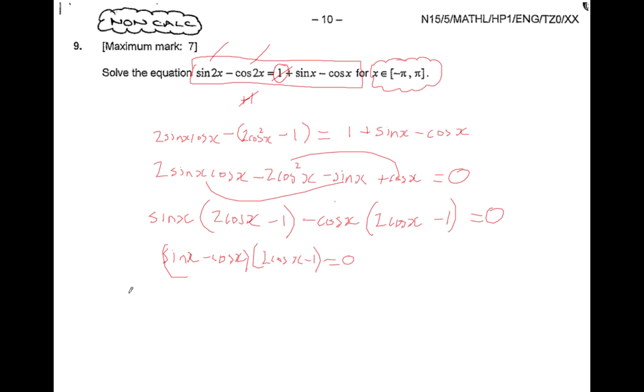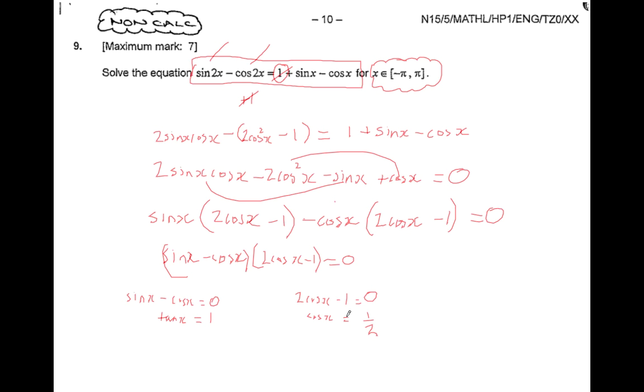Okay, so we've got to solve sine x minus cos x equals 0, or 2 cos x minus 1 equals 0. This is going to collapse into a tan x function. So you're going to divide all terms by cos x, and you'll get tan x equals 1 to solve. And over here you're going to get cos x equals a half to solve.